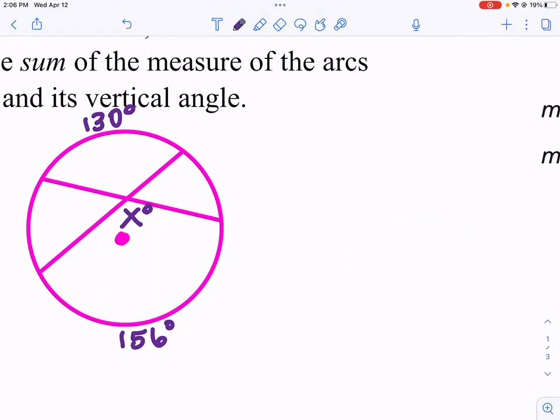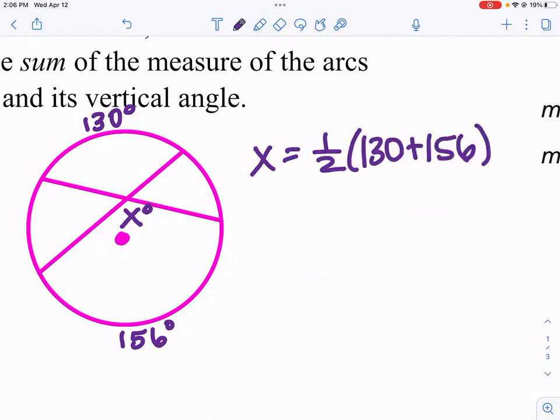But for this one, X is 1/2 of 130 plus 156. I take the two arcs, add them together, divide them by 2. What's 130 plus 156 divided by 2? 148.